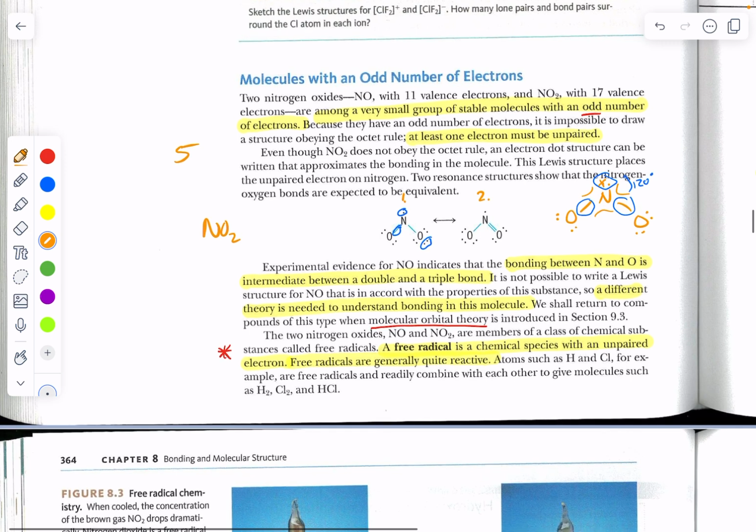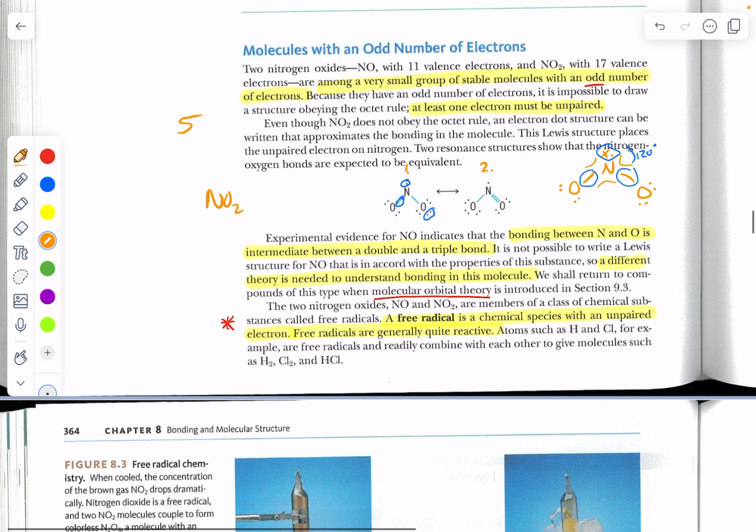What does that, not lone pair, what does that singlet, that single electron do as far as the chemistry is concerned? It makes it very, very reactive. A single electron likes to pair up and form a bond any which way that it can.